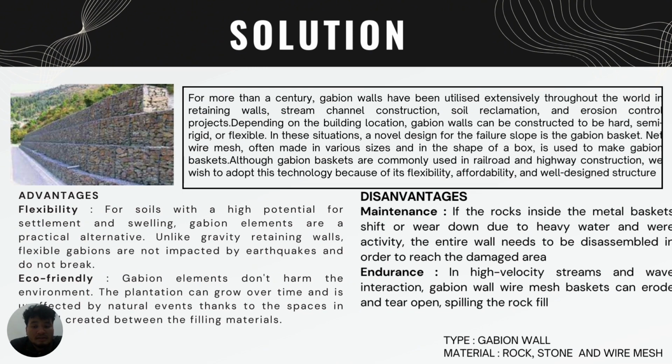Maintenance develops inside the metal vehicle shift with down half a water weight activity until one is dislodged in the damaged area. It will be high general quality and have until the wall will meet basket and other, and open cleaving the rock. Type of rock, metal, rock, stone and we mix.